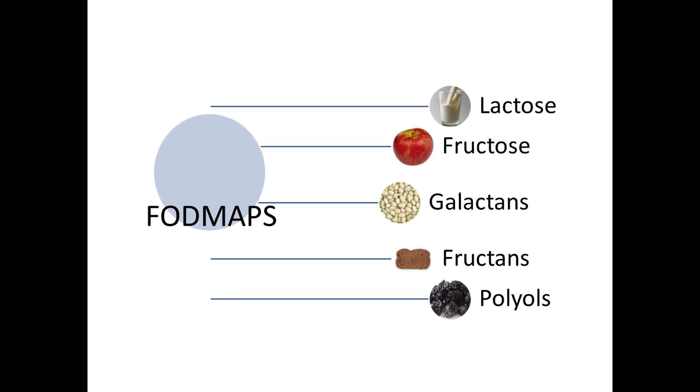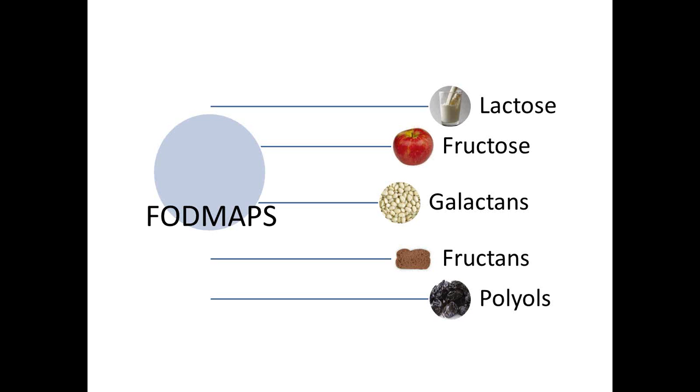So these are some of the categories that we focus on in the low FODMAP diet: lactose, fructose. So lactose, obviously dairy, fructose. There's various foods that are rated high in FODMAP, and one of the highest is apples, and the high fructose foods are determined by the fructose to glucose ratio.